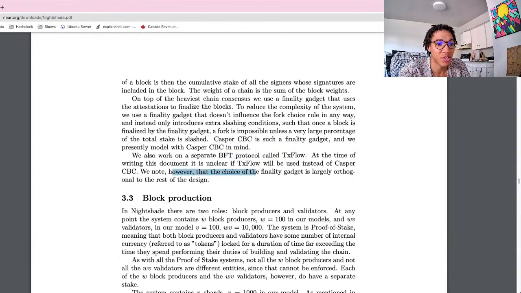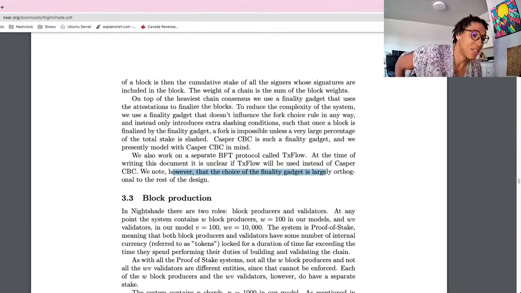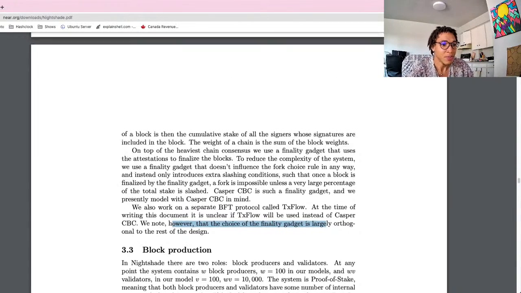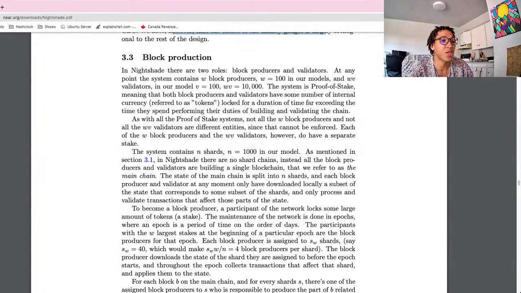We note, however, that the choice of the finality gadget is largely orthogonal to the rest of the design. So they're saying that how you get finality isn't that big of a deal. What's more important, and it's very true, is how you are achieving consensus in the first place to get to that finality.